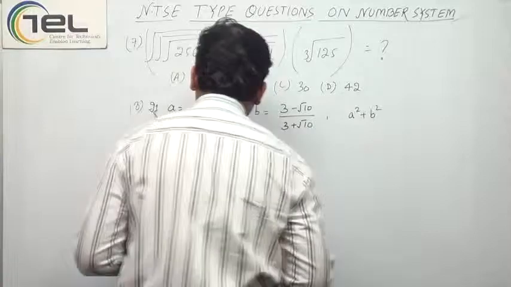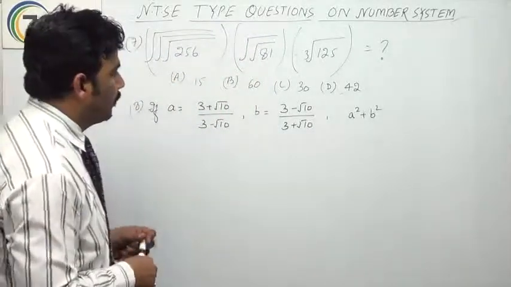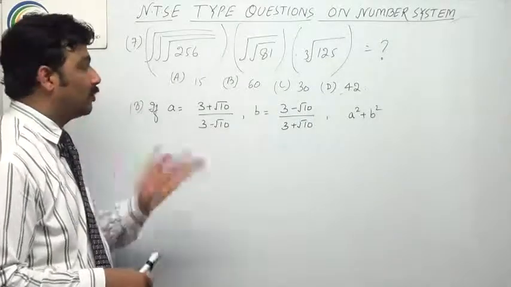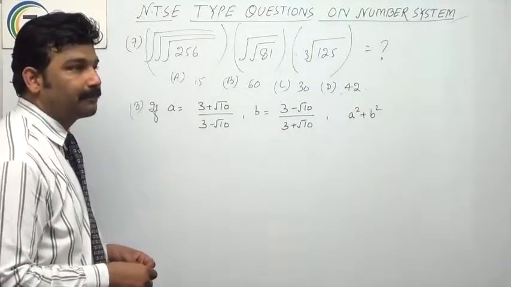In this question, you have to find the value of A square plus B square.